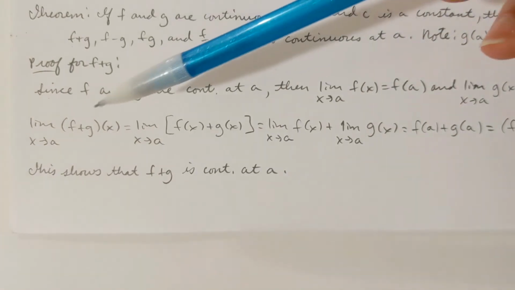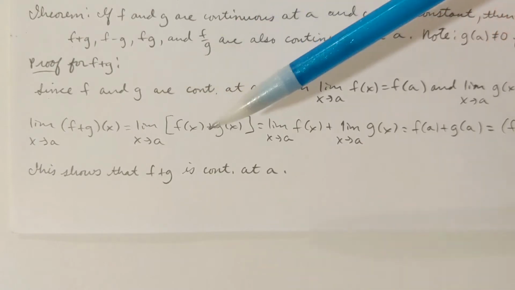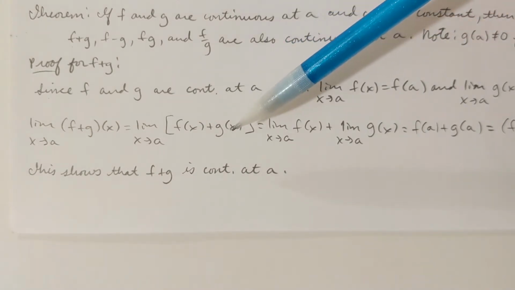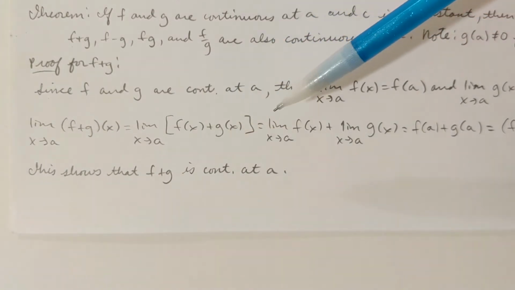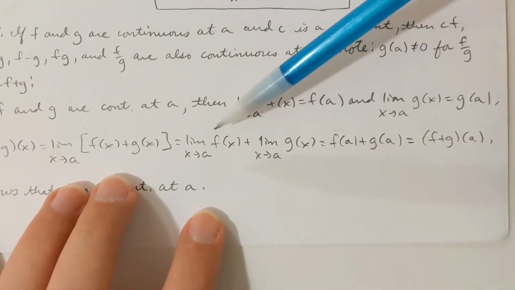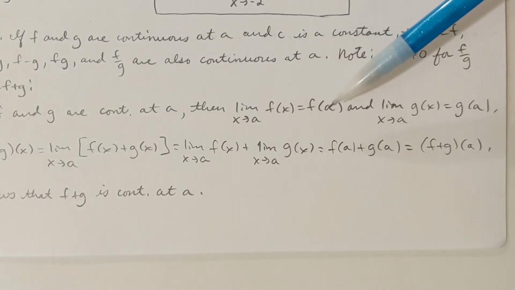All right, well, f plus g of x is the sum function, and by definition that means that you're adding f of x and g of x together. Now I know that the limit of a sum is the sum of the limits, right? So I can split this limit into two limits that would be added. And the limit as x approaches a of f of x, well, that's f of a, right? F is continuous.